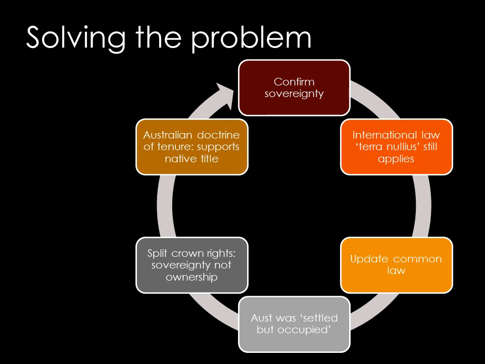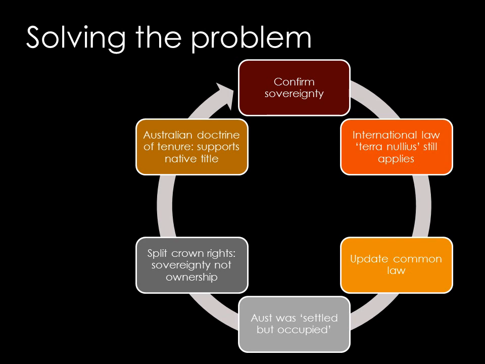So as a consequence of Australia being settled but occupied, the court interpreted the Crown rights upon settlement to be split. It split the idea of sovereignty from the idea of land ownership. It identified that sovereignty, the right to govern over a territory, was quite different from the ownership of land.